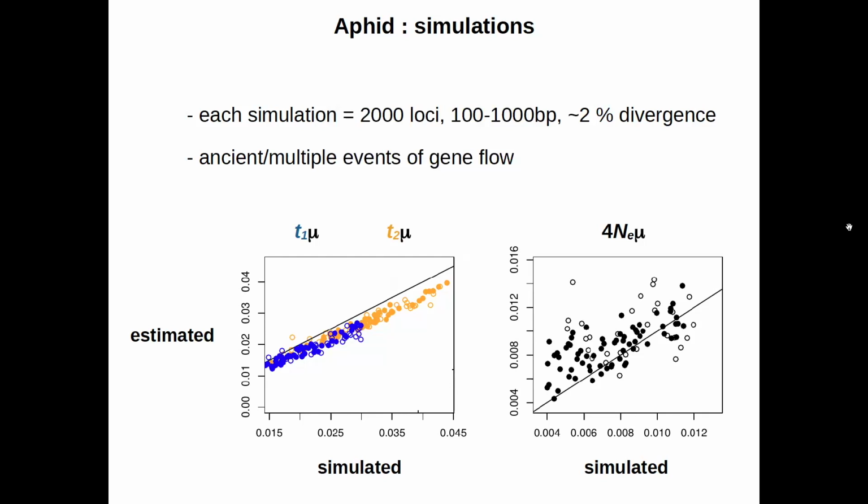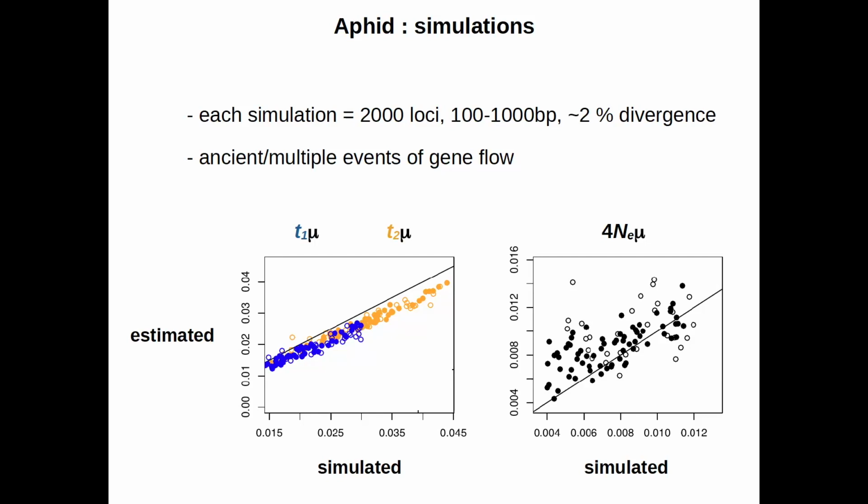Okay. And now that I've presented the method, I will just quickly show some of this behavior with simulations. So I performed simulations under the multi-species coalescent model with gene flow. Each simulated data set includes 2,000 loci.